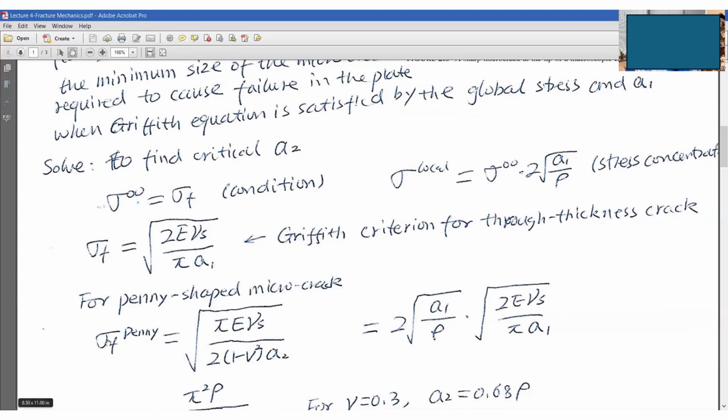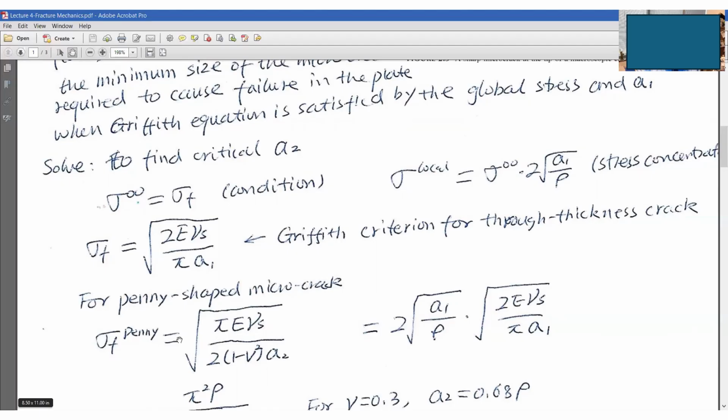crack, and we know that sigma F for the penny equals 2 pi E gamma S over 2 times the square root of 1 minus nu squared multiplied by A1. So this is sigma F, the failure load that you apply on this penny-shaped micro crack.